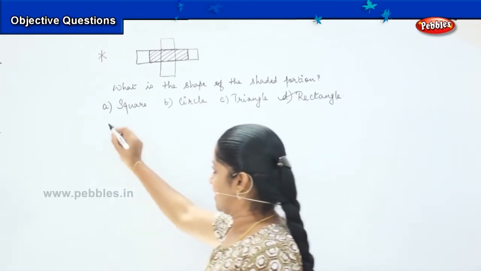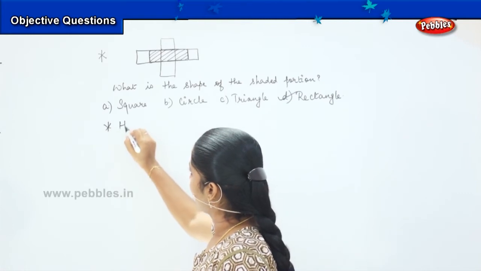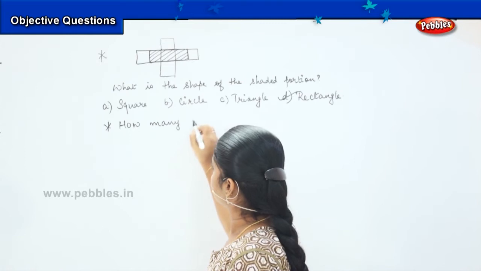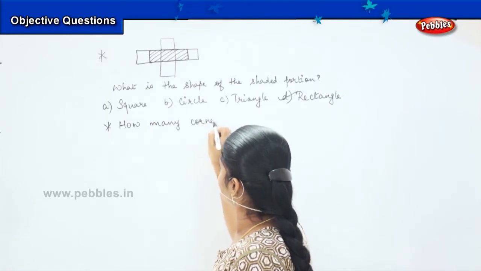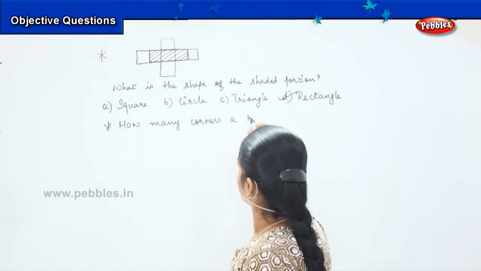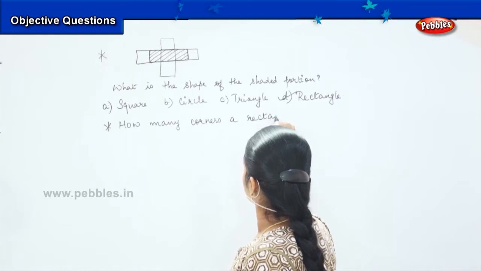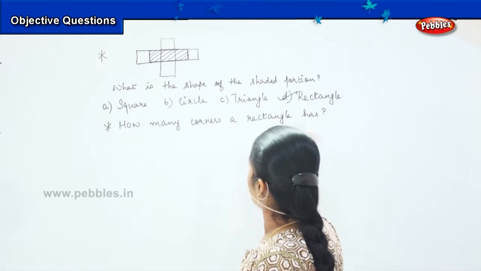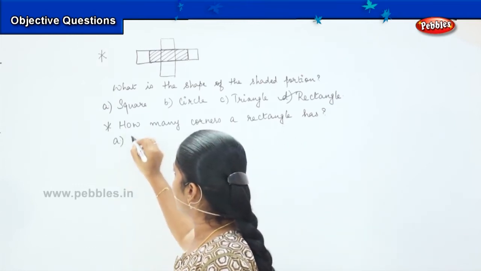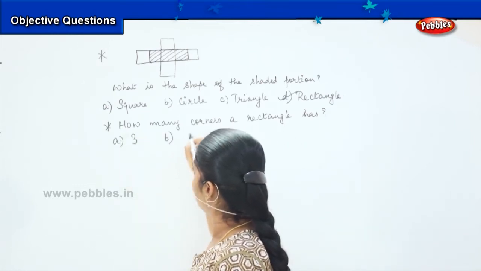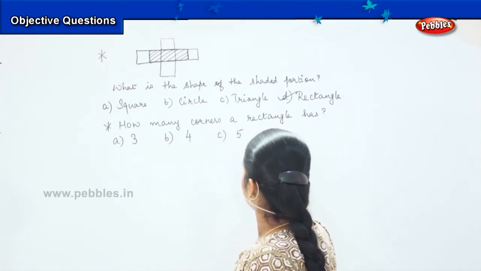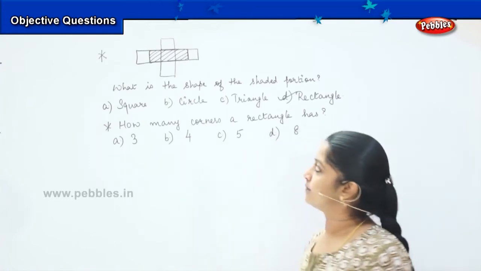Your next question says, how many corners does a rectangle have? And your options are A, 3, B, 4, C, 5, and D, 8.